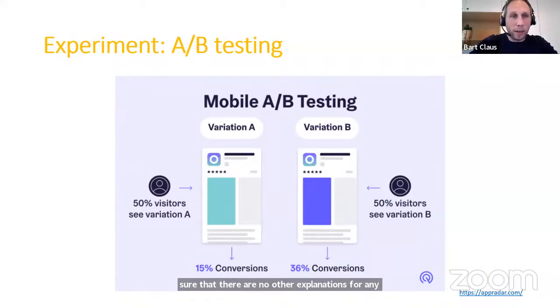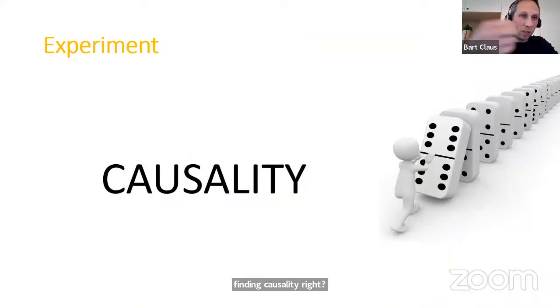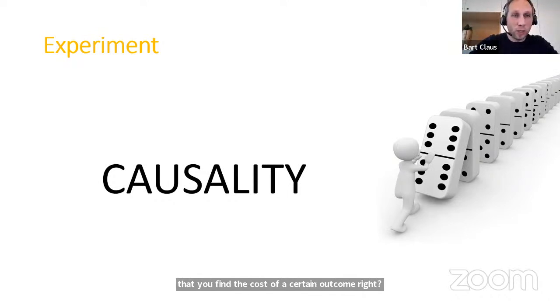And so what experimental research is very good at is finding causality, right? Meaning that you find the cause of a certain outcome, right? But a condition for that is that your research is very well designed, right?